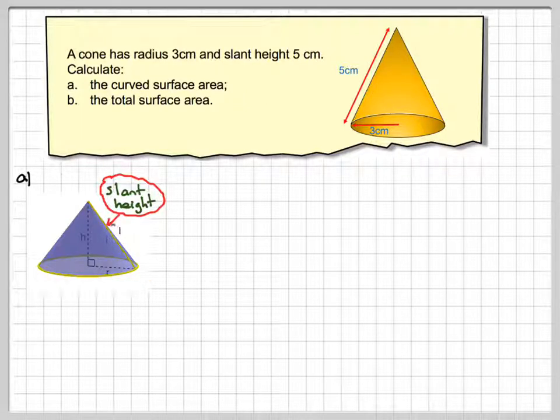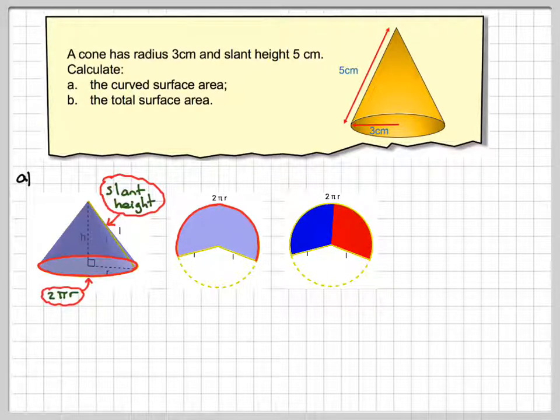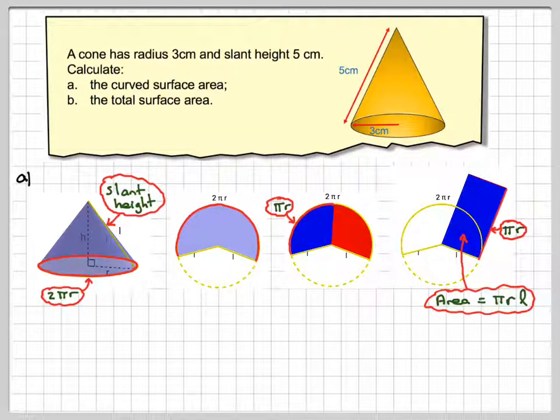I get the slant height, this is the slant height here, the same slant height here. This bit here wraps around that bit there. The red bit there is 2 pi r. If I cut it in half, then half of it will be equal to pi r. And then if I wrap it round and get that rectangle like I just showed you, the area of this will be L times pi r. This distance is pi r. The area is pi r L.